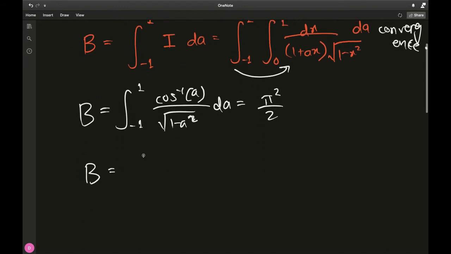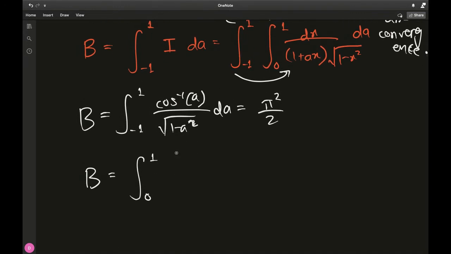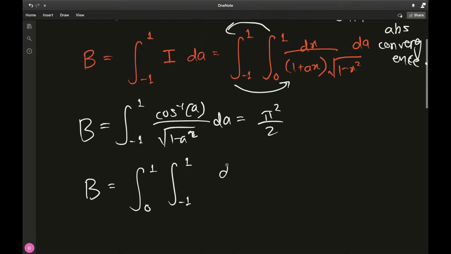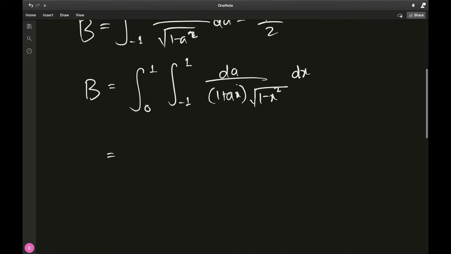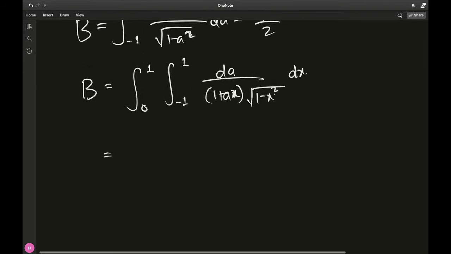So with that in mind, we have integral from 0 to 1 of integral from -1 to 1 of a dA over 1 plus ax square root of 1 minus x squared dx. And now we're integrating with respect to a, so all the x terms are constants, and this is a linear term basically.